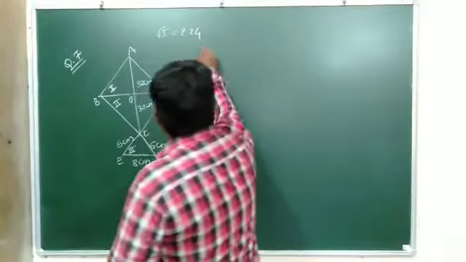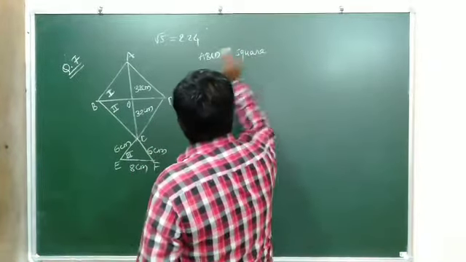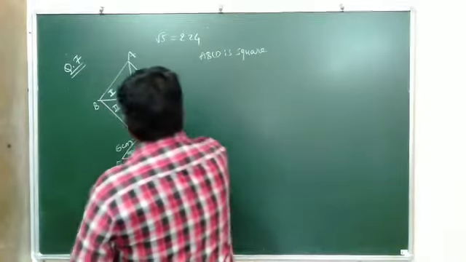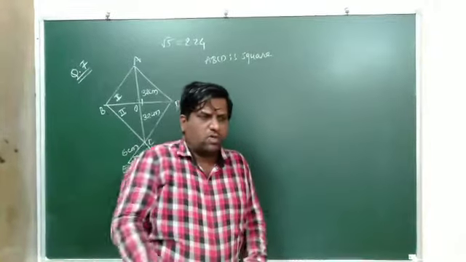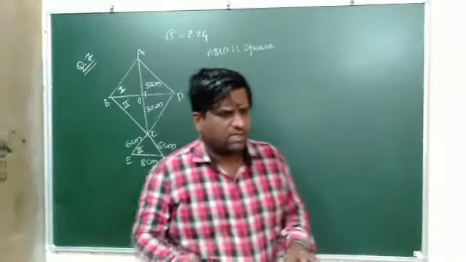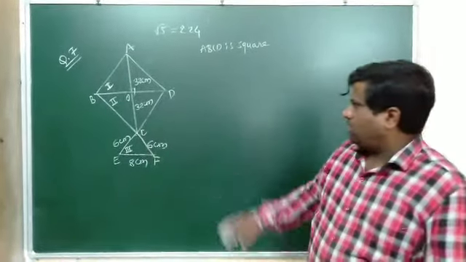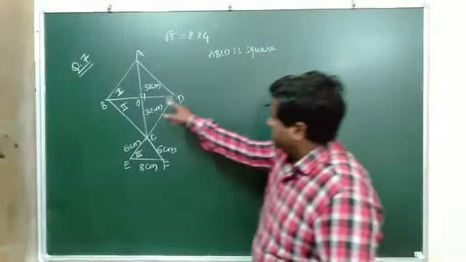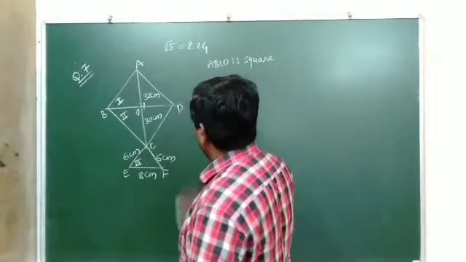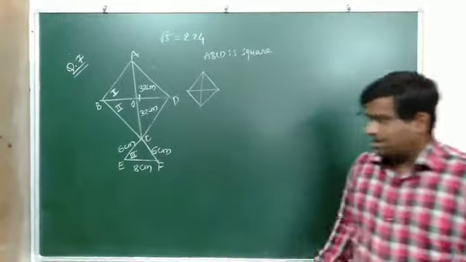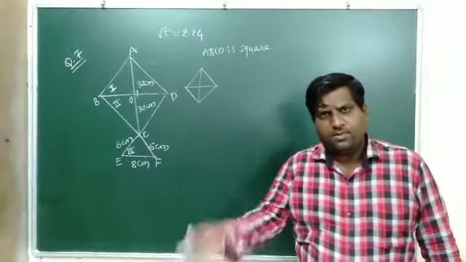So for that, ABCD is a square. Before getting in depth, or before solving for any particular geometrical figure, you should know the basic properties of it. So these are the two diagonals of a square, which are perpendicular bisectors, bisecting at 90 degrees.